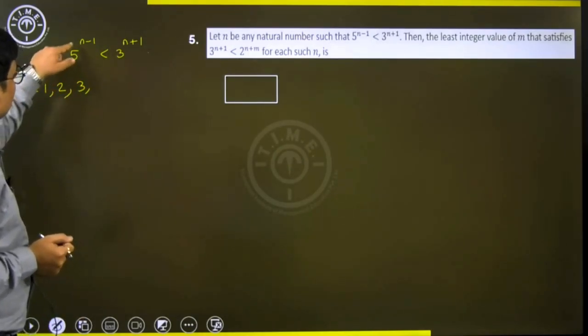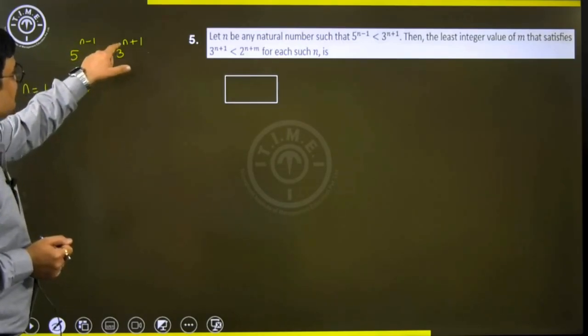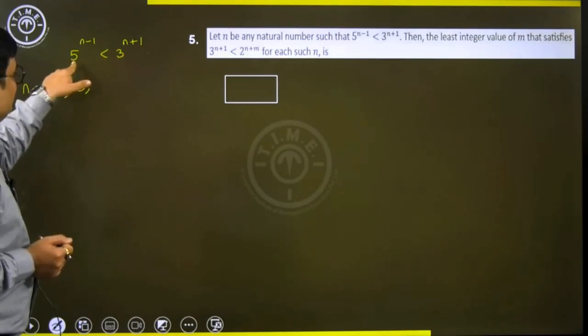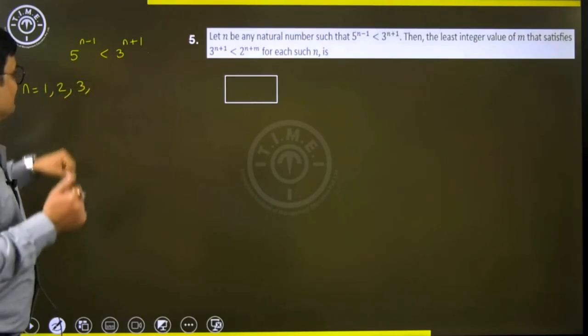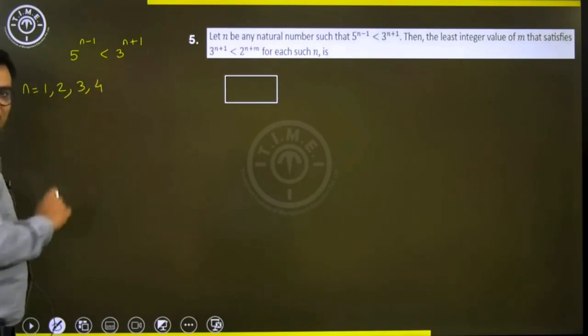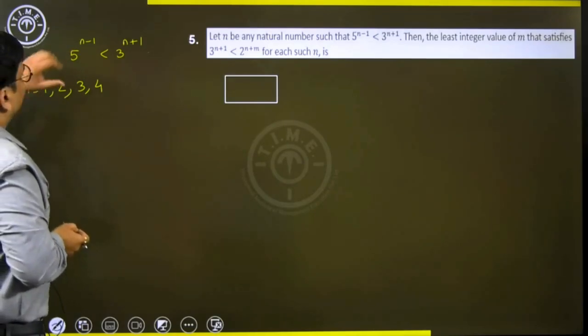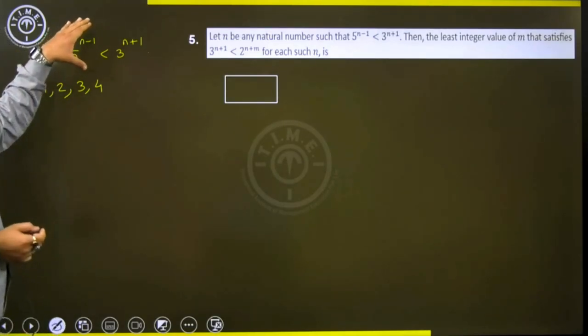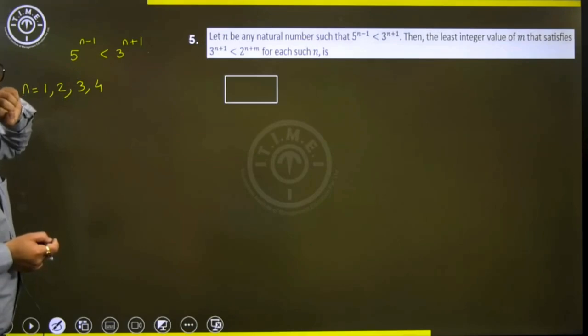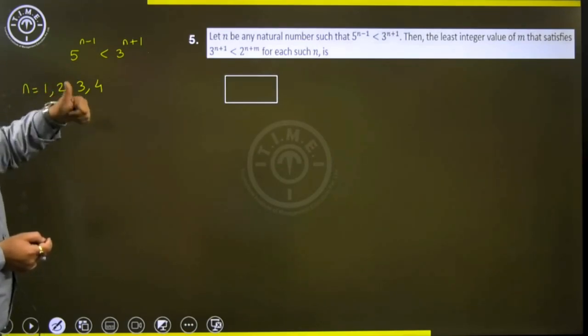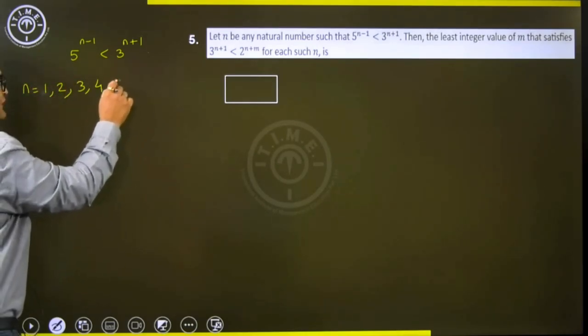Put n equal to 4. So 5 cube and this is 3 power 5. 3 power 5 is 243. 5 cube is 125. 243 is more than 125, satisfies. Let's check for 5 also. So 5 to the power 5 minus 1, 5 power 4 is 625 and this will be 3 to the power 6, 729, that is also correct. It also satisfies.